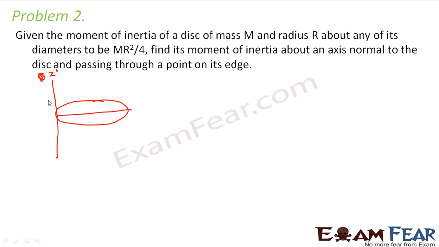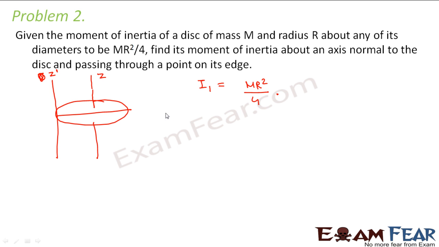This is the z dash axis, and about the diameter it is given as mr square by 4. So we have to calculate the moment of inertia about this axis.